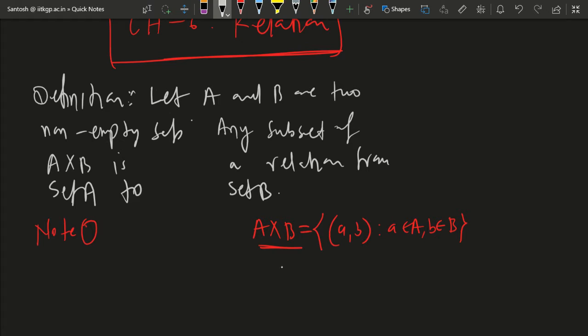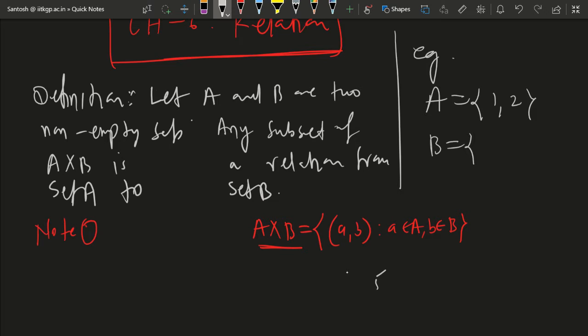For example, let A be a set containing 1, 2, and B a set containing 3, 4, 5.